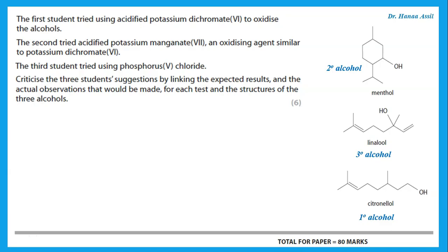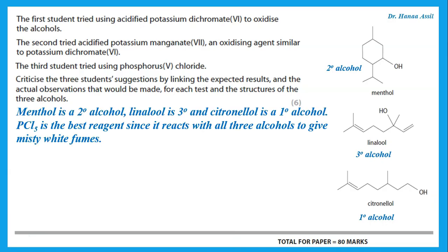You should realize that to test for alcohols, the one that works with all types of alcohols is phosphorus pentachloride. So PCl5 would be the best reagent since it reacts with all the 3 alcohols to give misty white fumes, and this test is used to identify presence of alcohols.